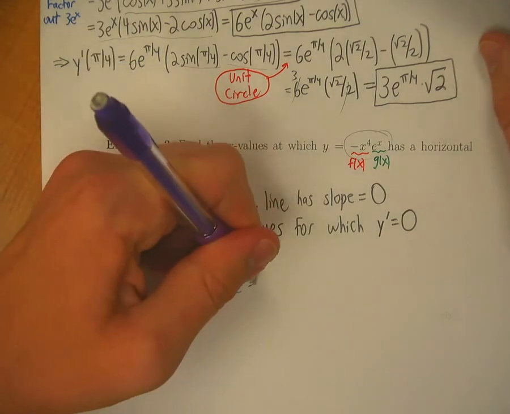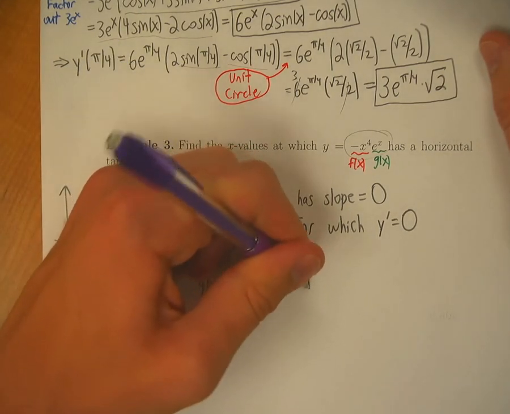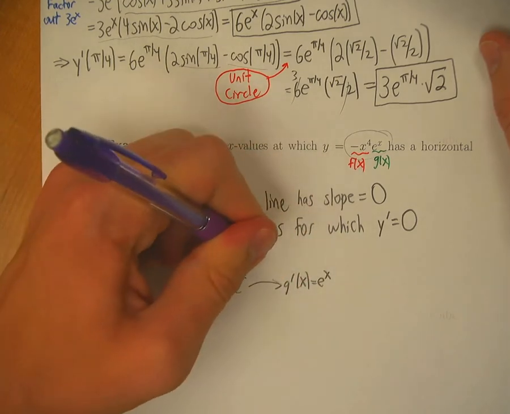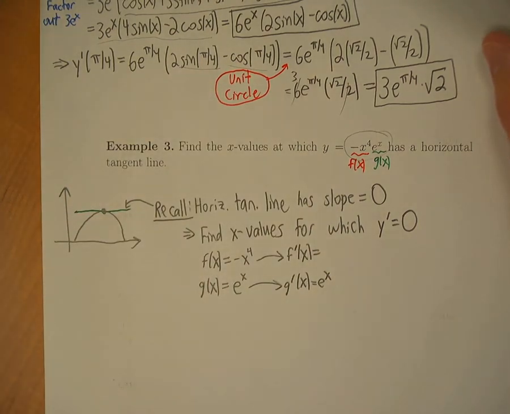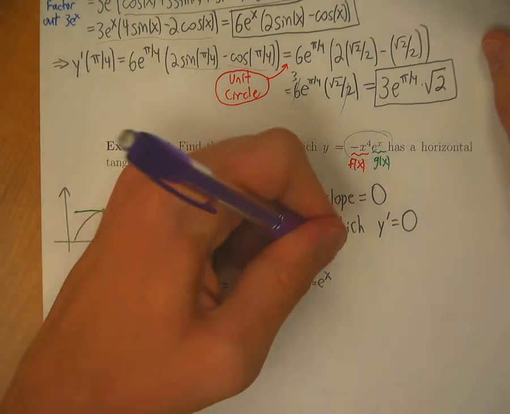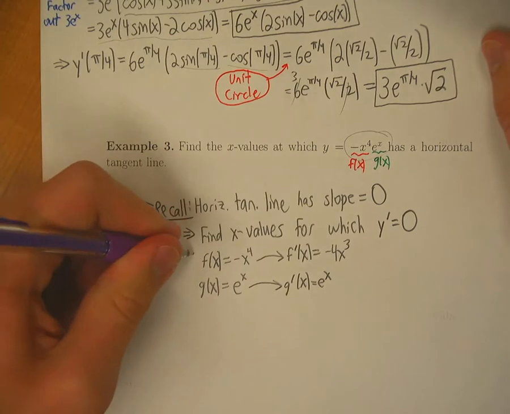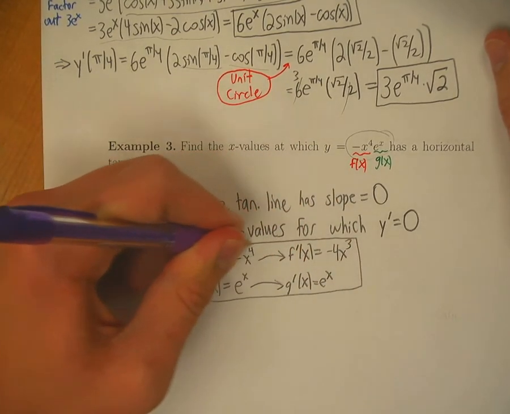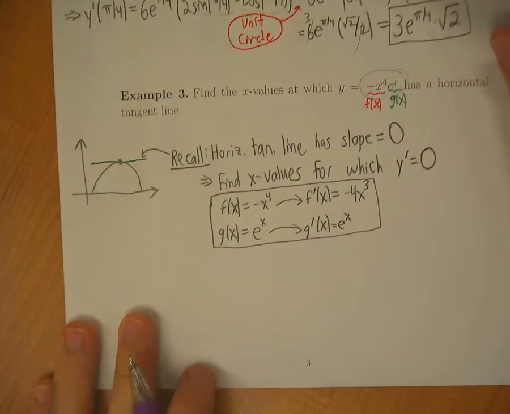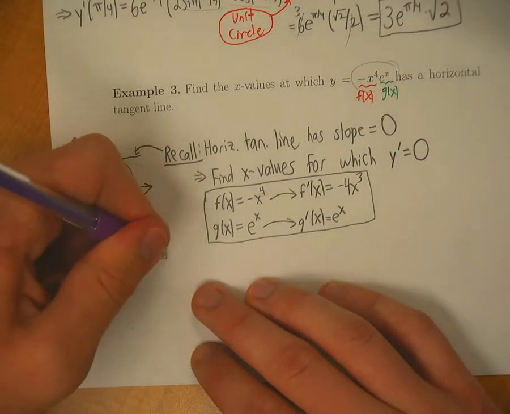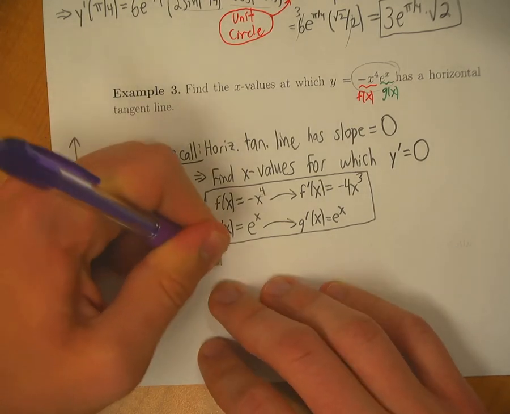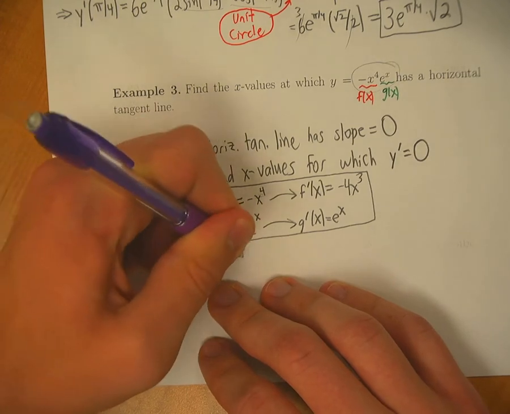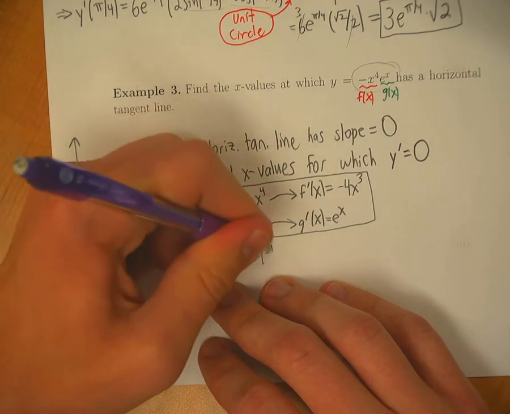So the derivative of g is just e to the x, as we have been discussing. But then f prime of x would be what? Would it just be negative 4x cubed? Yep, negative 4x cubed. So y prime, applying the product rule, will give us negative x to the fourth times e to the x plus e to the x times negative 4x cubed.